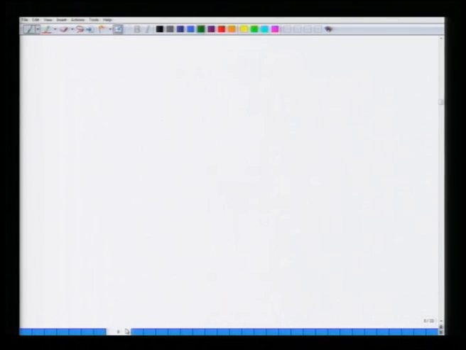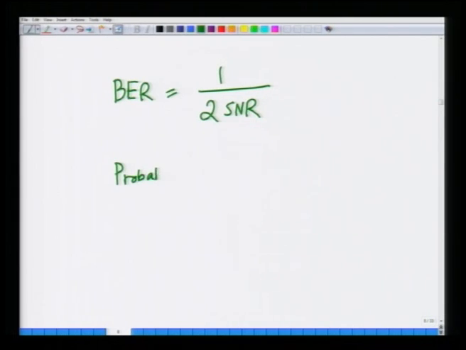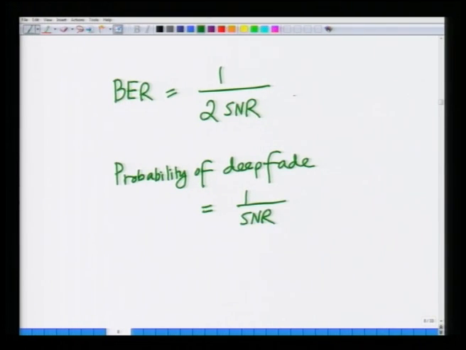This is important because look at this, we said the bit error rate is 1 over twice SNR, and we also computed the probability of deep fade, which equals 1 over SNR. So, look at these two values.